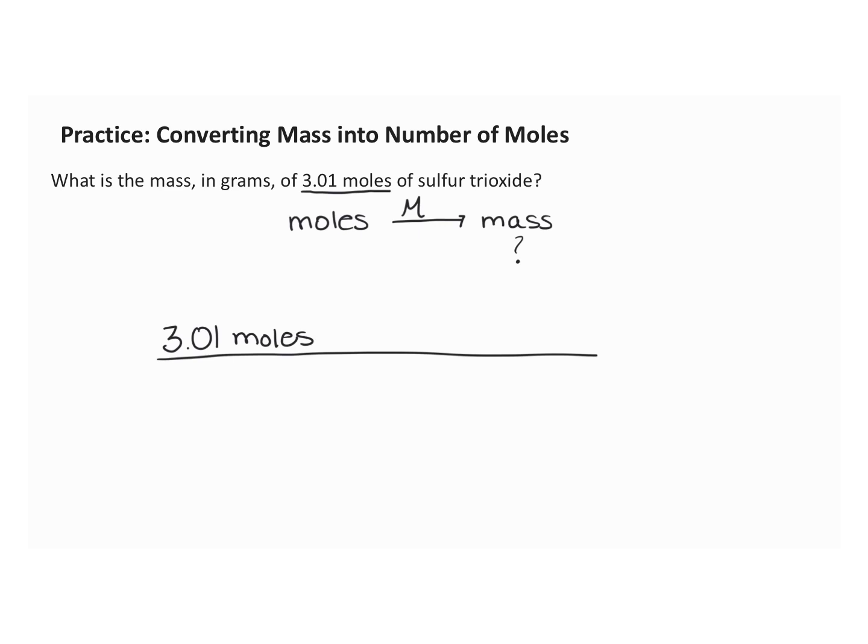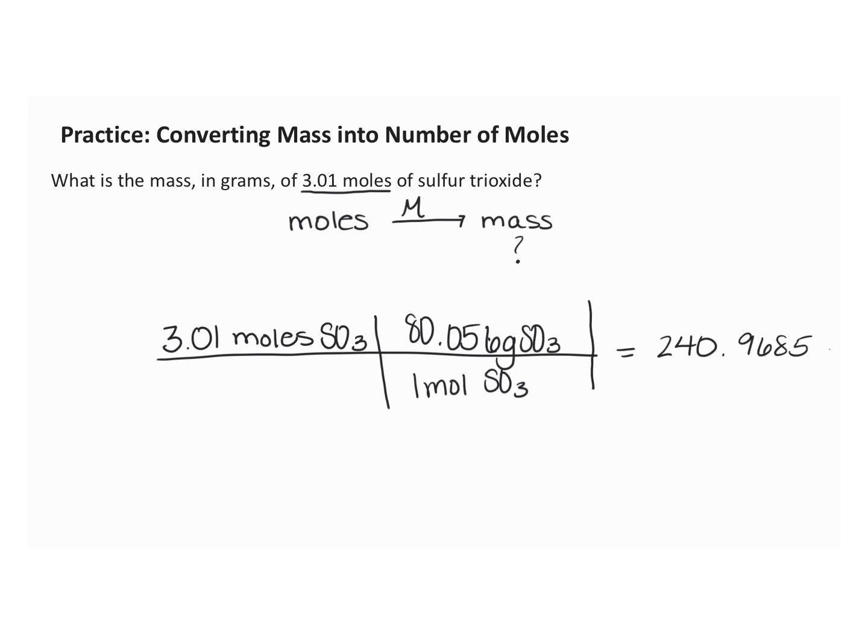Okay. And then you need to calculate the molar mass. Now we've already done this. This is sulfur trioxide, so we did this on the previous page. And I want to say moles of sulfur trioxide here. And so we say, great, we need to put the moles in the denominator, so it will cancel. And then when we do this math, we get 240.9685 grams.